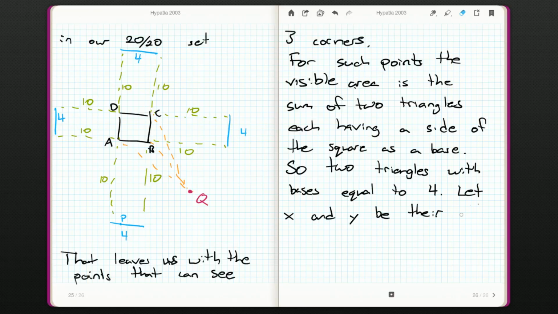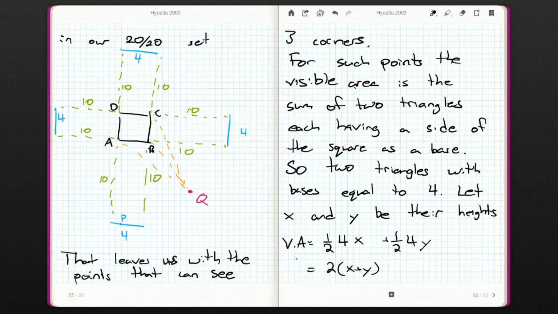Let's let x and y be their heights. Visible area is going to be 1/2 4 times x plus 1/2 4 times y. And that's going to work out to 2x plus 2y.